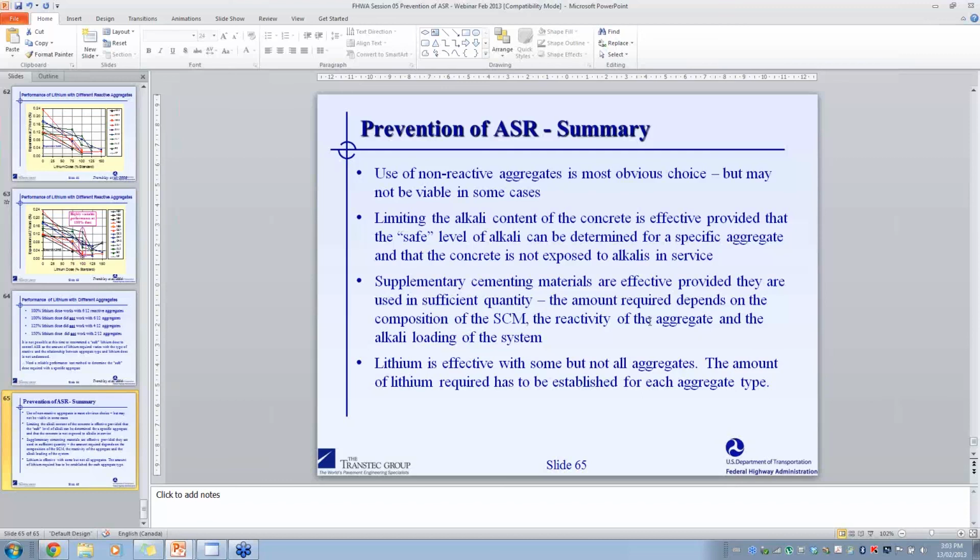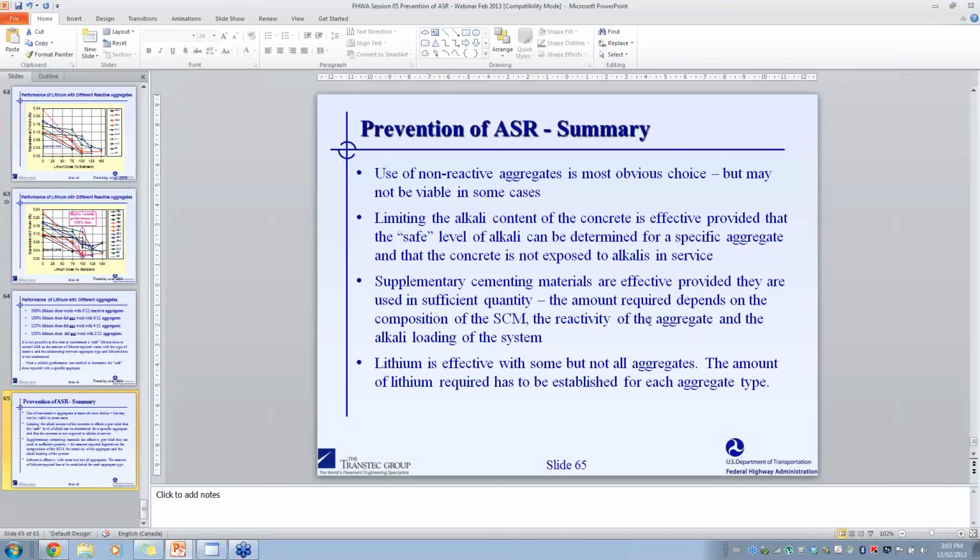In addition to that, there are some aggregates that will release alkalis very slowly themselves. And even though that happens over decades, it doesn't happen in the short term, again, it can contribute to continuing long-term expansion. So the answer to that is it really depends on the specific situation.